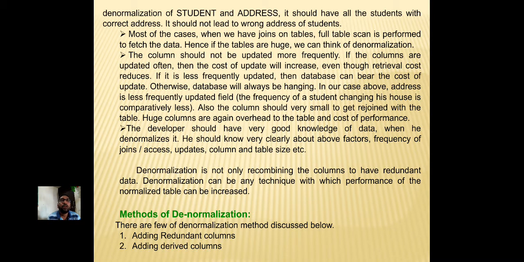The frequency of a student changing his house is comparatively less. Also, the column should be very small to get rejoined with the table. Huge columns are again an overhead to the table and cost performance.